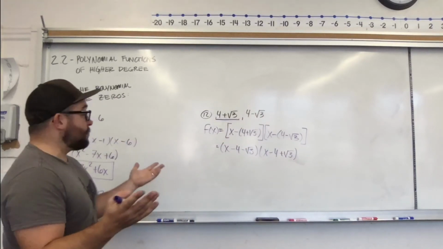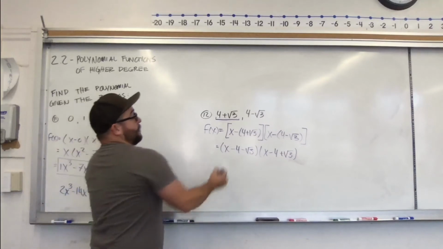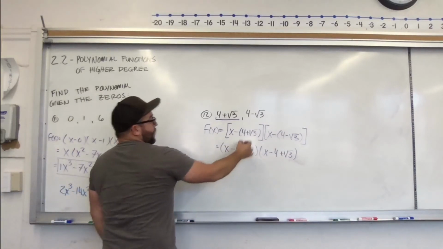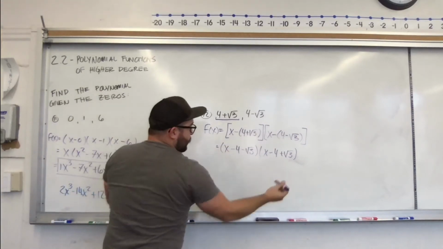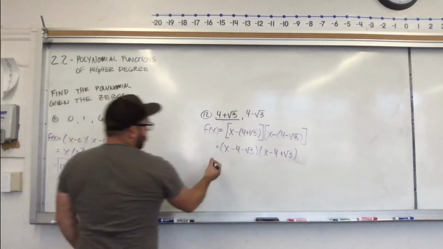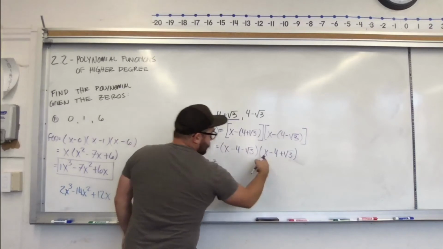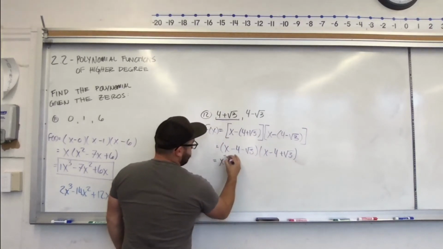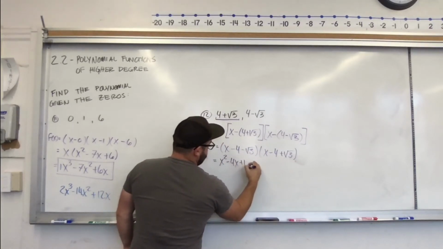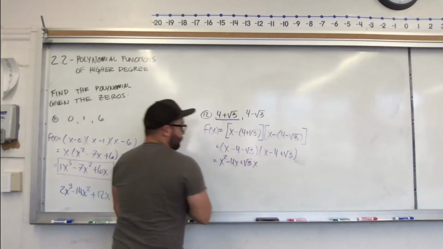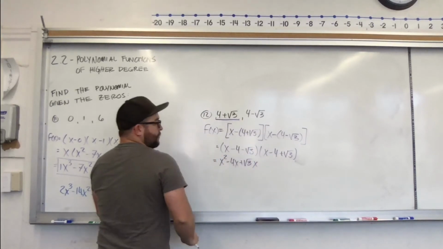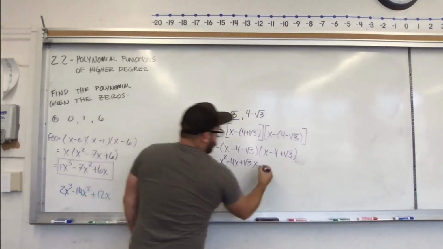And now this just becomes a really big distribution problem, right? We'll distribute x all the way through, negative 4 all the way through, negative root 3 all the way through, and simplify what we get. So that's what I'm going to do here. I'm just going to distribute this x all the way through this guy. So everything here gained an x. Now everything's going to gain a multiple of negative 4.